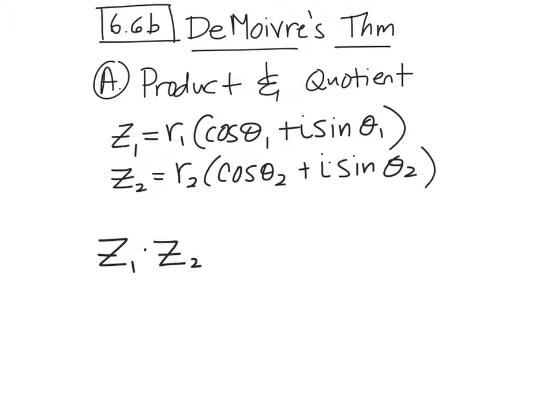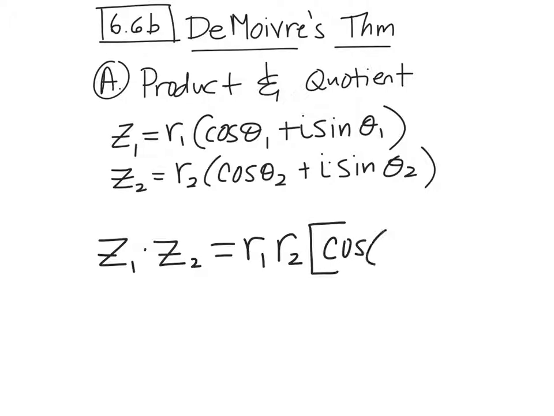And you know how to multiply complex numbers together. You just FOIL it out. And I squared equals -1. You replace that. But in polar form, it's a little bit different. What happens is you take the r's and you multiply them together. So R1 times R2. And then you take the thetas and you add them together.